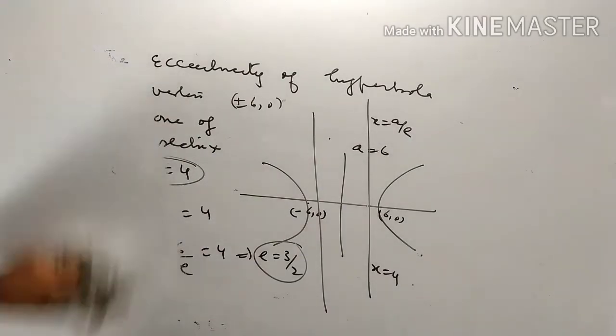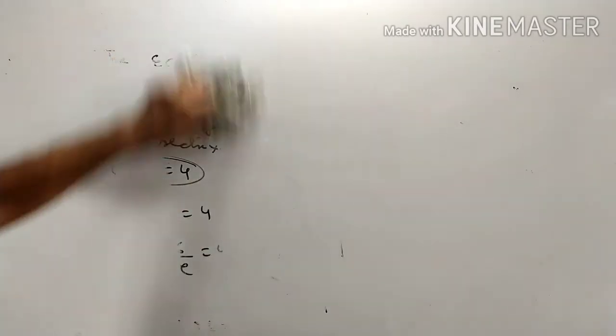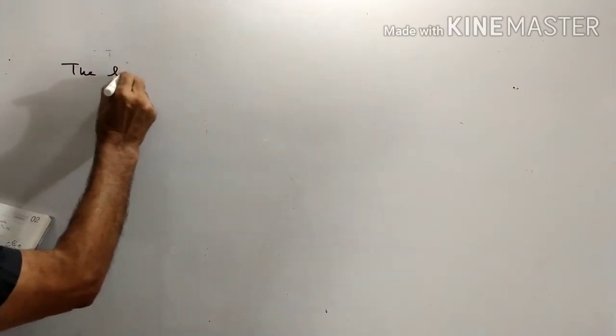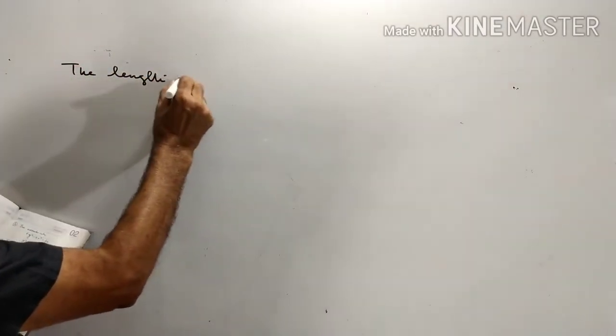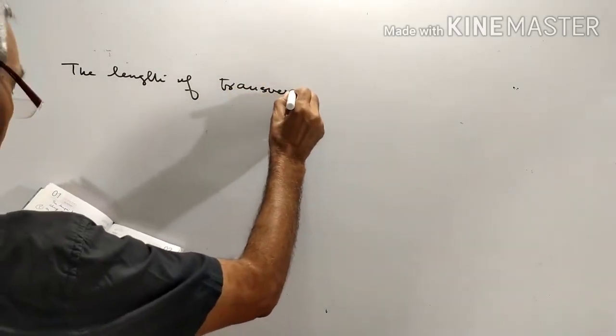So a simple question to go for, as I have done in my earlier video of ellipse. The same type of questions are here. The eccentricity we have found earlier, and now comes the length of the transverse axis. There are two axes.